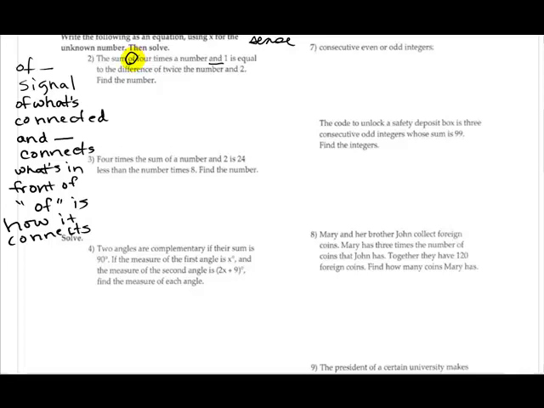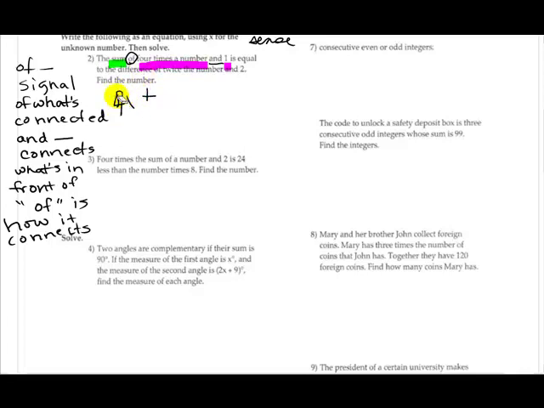So the word of tells me that what's next is going to be connected. The and connects them. And so what's going to be connected is 4 times the number and 1. And how it is connected is here in front of the of. It's the sum. So we're going to have the sum of 4 times the number.